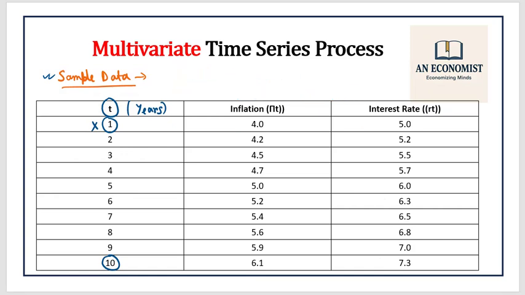Usually the total size is n equals 10. Here in our case we have 10 points, 10 years, so n equals 10. And what is the lag? The lag is 1. So the usable observations are simply 10 minus 1, which is 9.